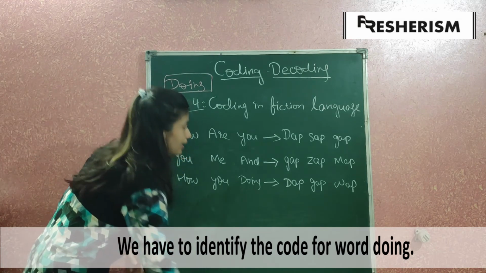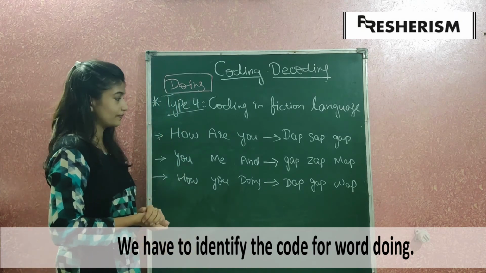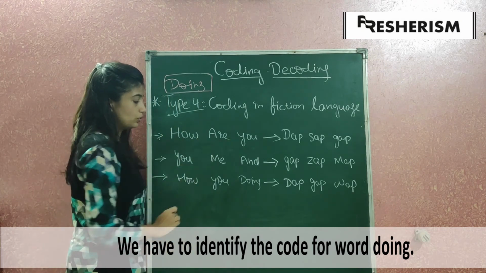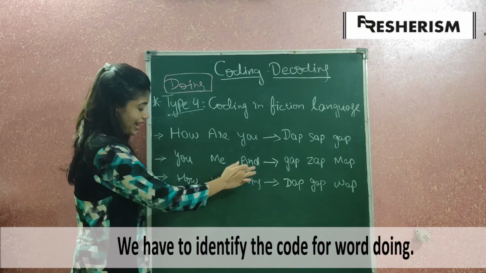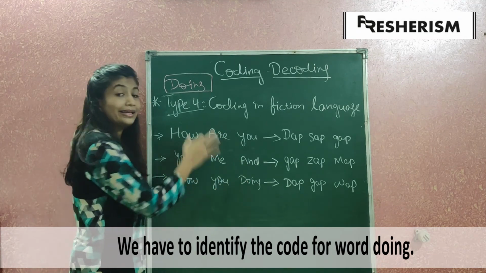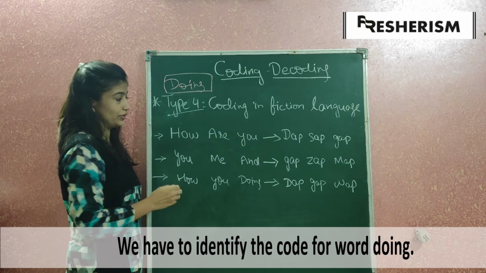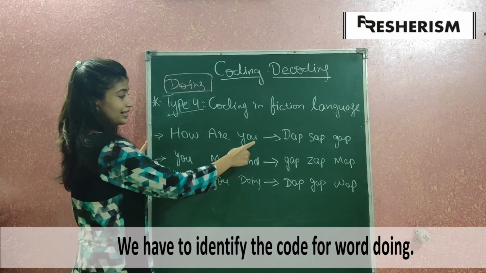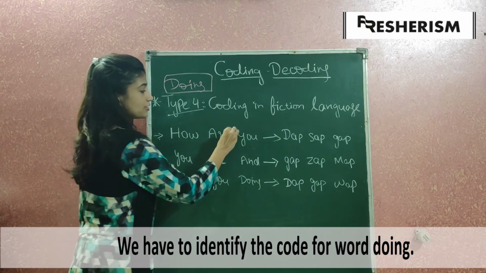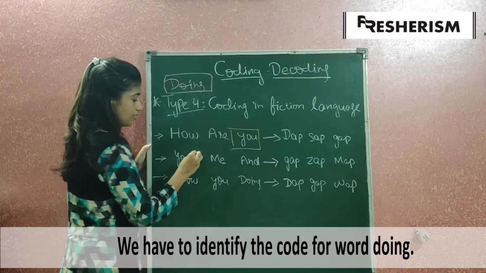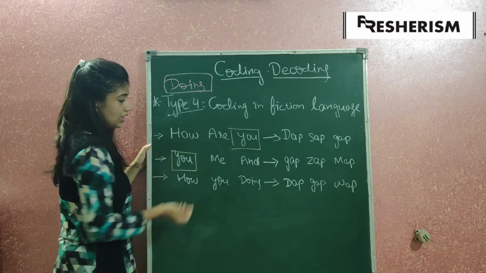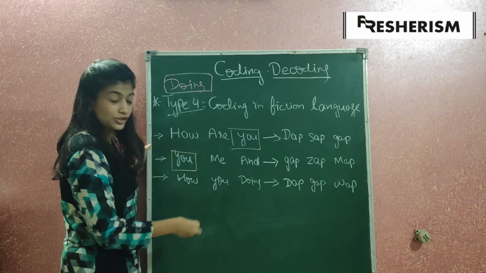So let's start solving this question. How are you? Question is you, me and. How you doing? Let's identify the common words. From the first sentence you and the second you. So I am putting a square on you. Here it is also you.